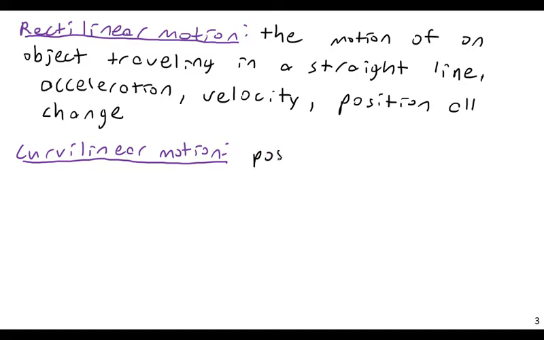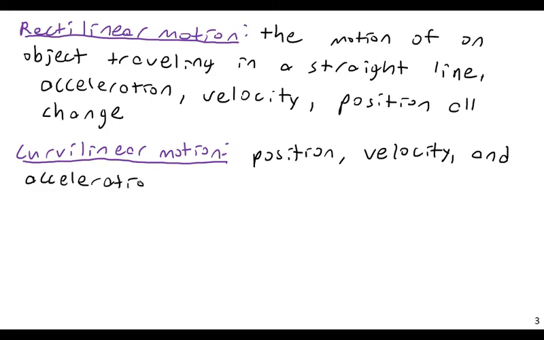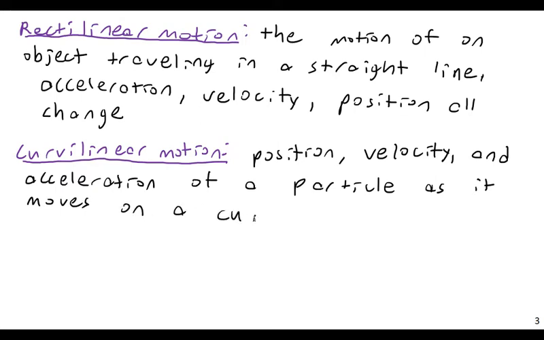So curvilinear motion is the position, velocity, and acceleration of a particle as it moves along a curved line.